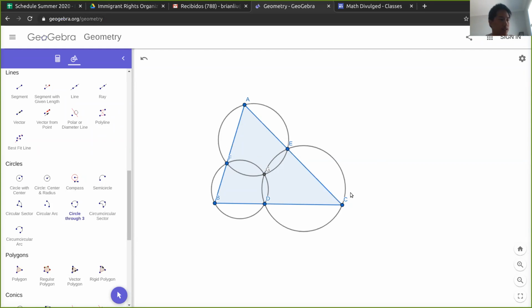So just a recap of the problem, we have some random triangle ABC, and then some random points on BC, CA, and AB called D, E, and F. And then we draw the circle going through BDF. We draw the circle going through CDE. And then it turns out the circle going through AEF goes through the same point.